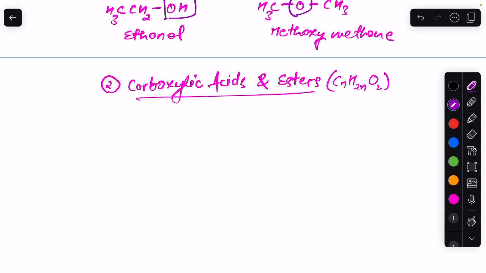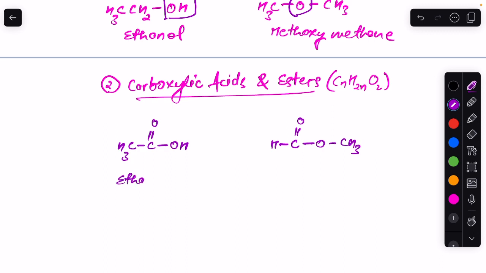So carboxylic acids and esters, let's say we have acetic acid, and this one is ester.